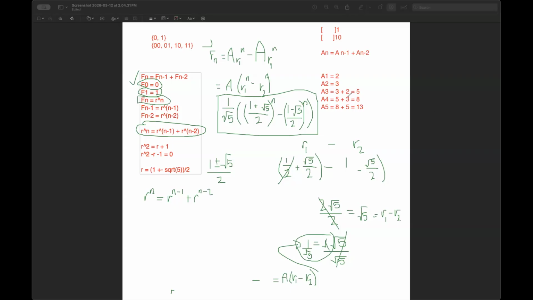That is kind of arbitrary, but it works because we're consistent with it, right? If we're saying that f sub n is equal to r to the n, then we're also saying that f sub n minus 1 is equal to r to the n minus 1, and f sub n minus 2 is equal to r to the n minus 2, right?